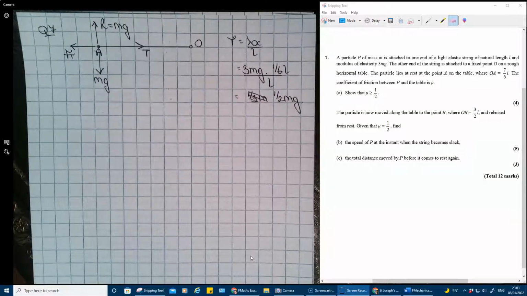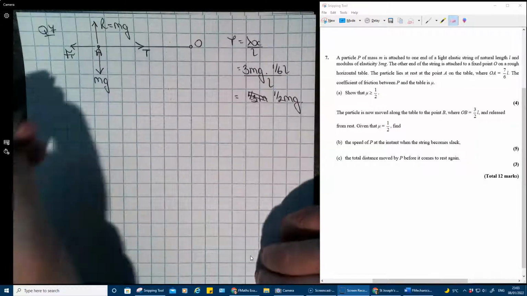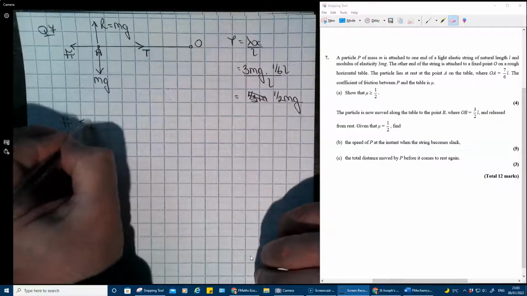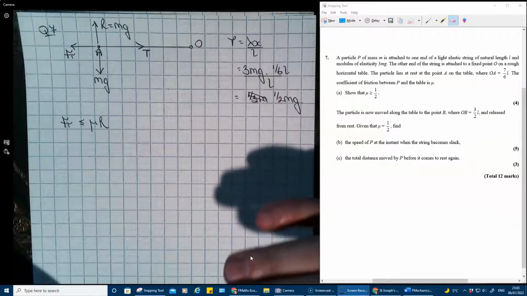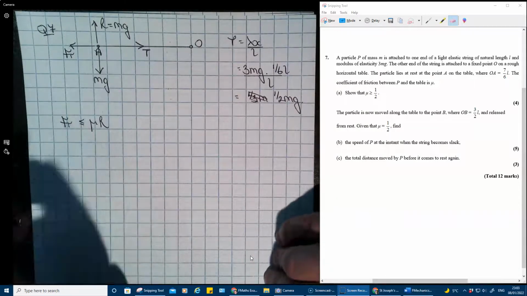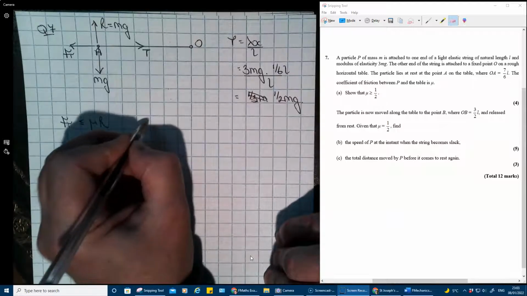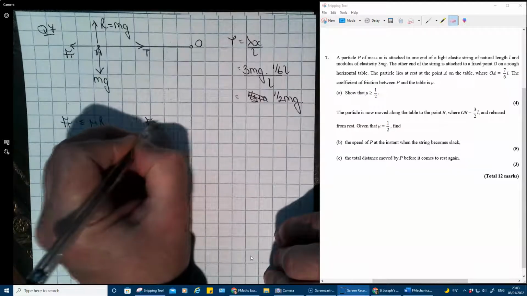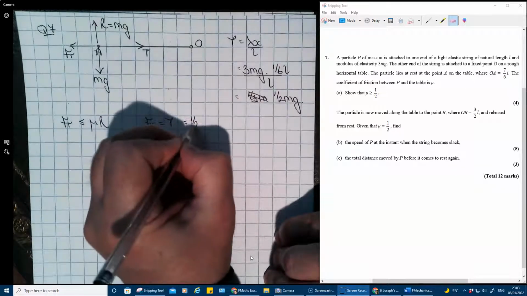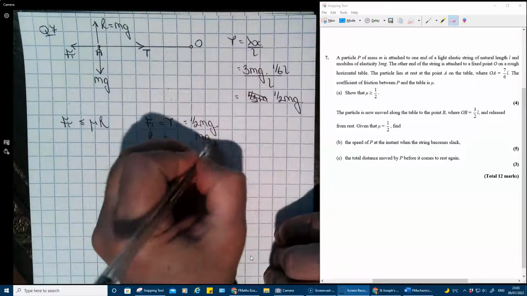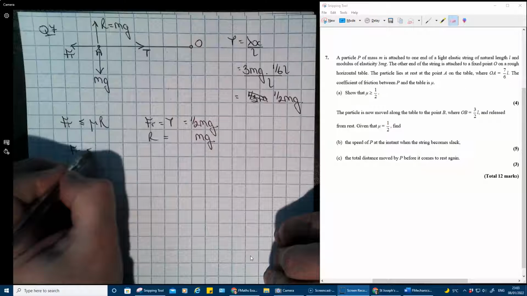Now, I've got to show that the coefficient of friction is greater than or equal to a half. Because it's not moving, I know that friction is less than or equal to mu R. It could be on the point of moving, but it's not definitely equal. So friction has got to equal T, which is a half mg, and we know that R equals mg.